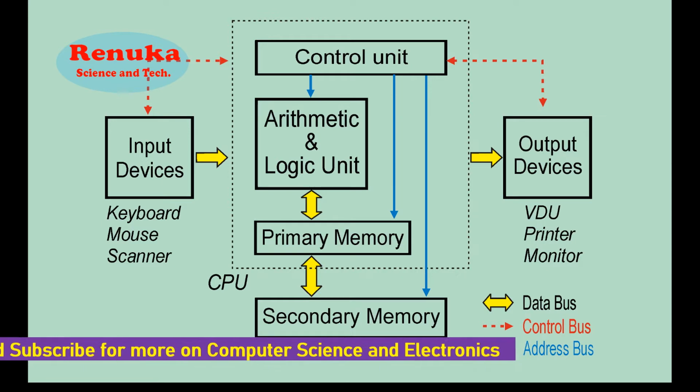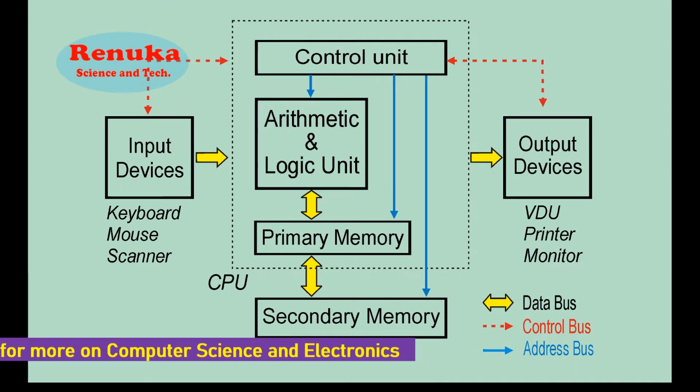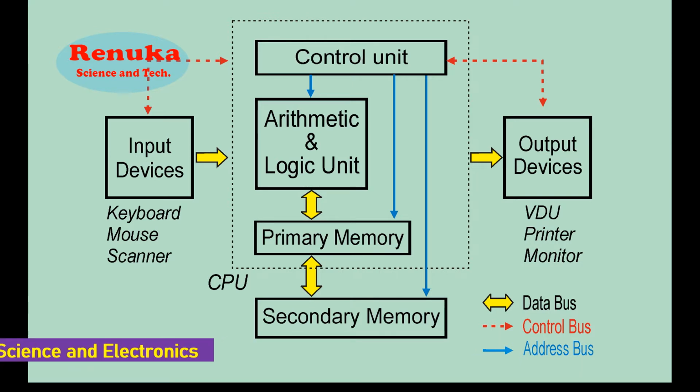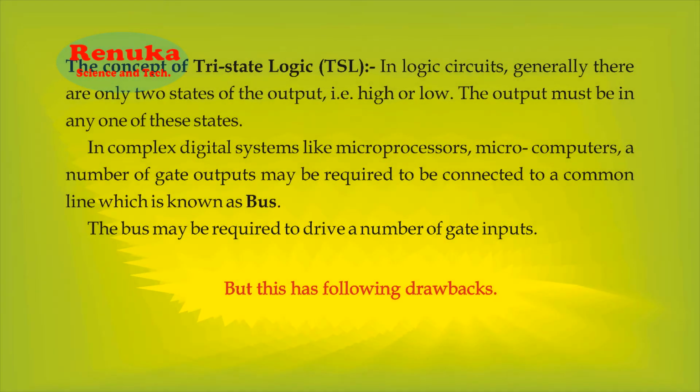So whenever the outputs of many gates are required to be connected to a common line, that is called a bus, and this bus is required to handle the data randomly or at the same time simultaneously. So the bus may be required to drive a number of gate inputs. So many gates are connected to the common bus, but it has some drawbacks.